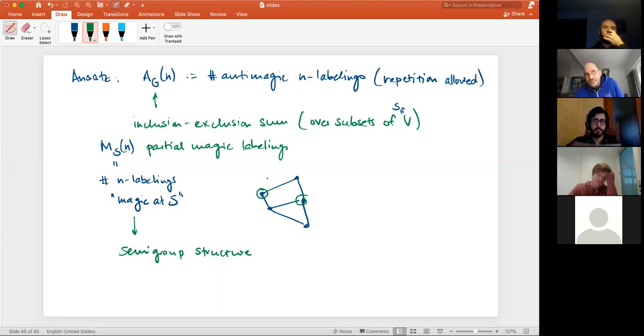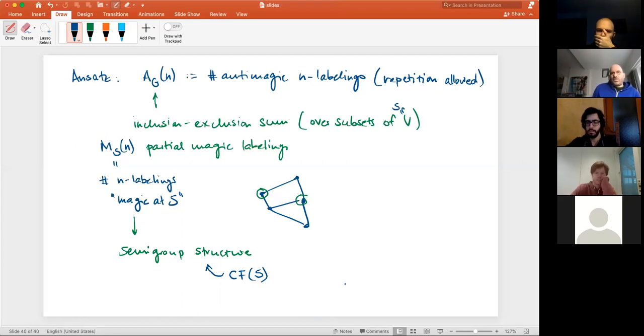And so now I'm basically asking, what do the vertices of the polytope look like? Whereas on a semigroup structure, you can say, give me the completely fundamental elements of the semigroup. So what is an element of the semigroup? Well, it's some labeling of my graph that cannot be decomposed any further.